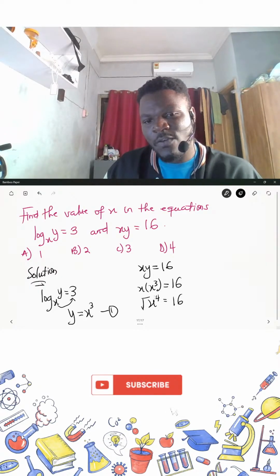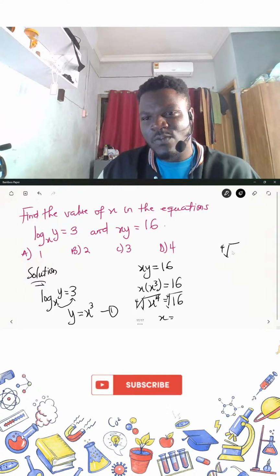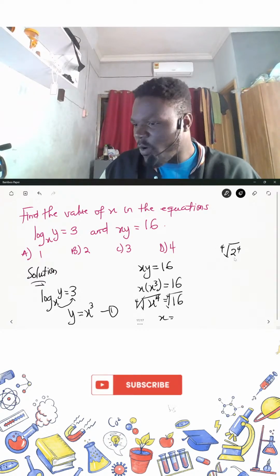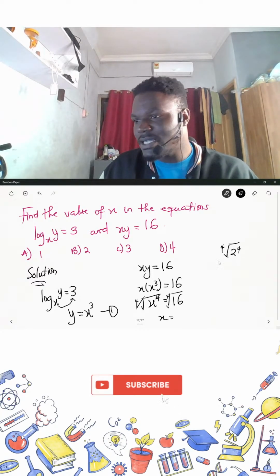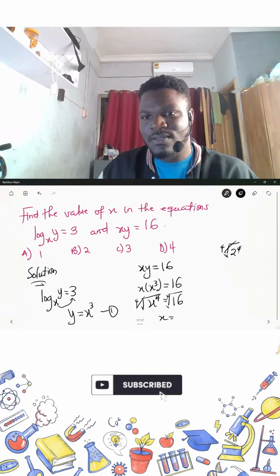So if we take the 4th root of both sides, this will cancel this. So x will be equal to, this is like you writing 4th root of 2 raised to the power 4, and 2 raised to the power 4 is indeed 16. So this will cancel this.